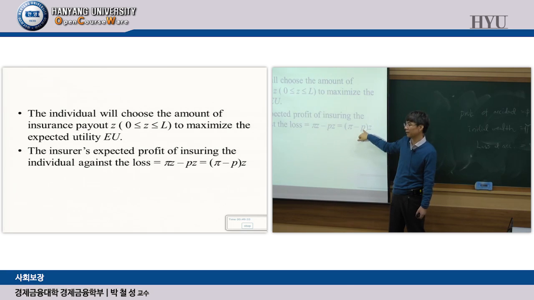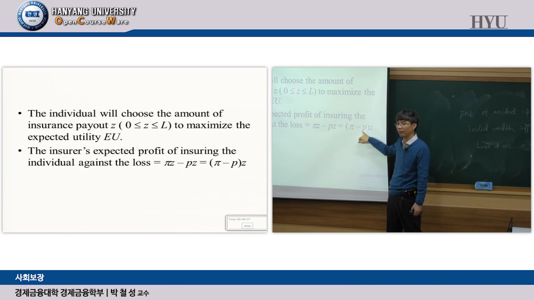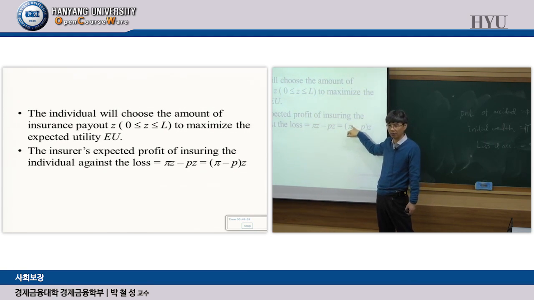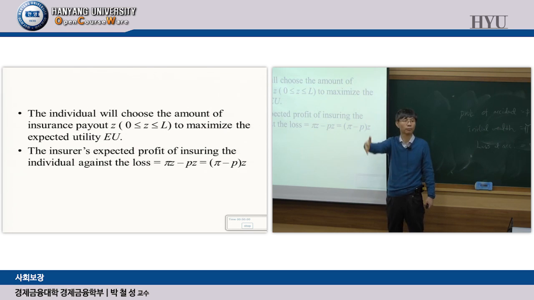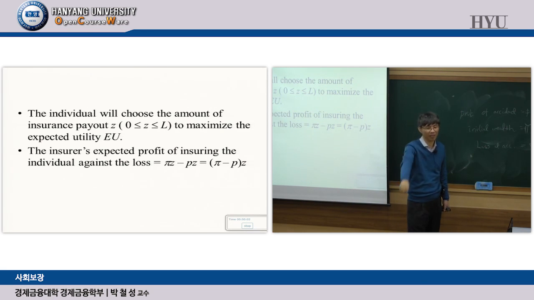So it means what? Let's say there is an accident that happens with a probability of 5%, and you collect a premium of 6% of the payout. Then you will actually make a profit, because you get 6% of the loss, but the probability of that happening is 5%.